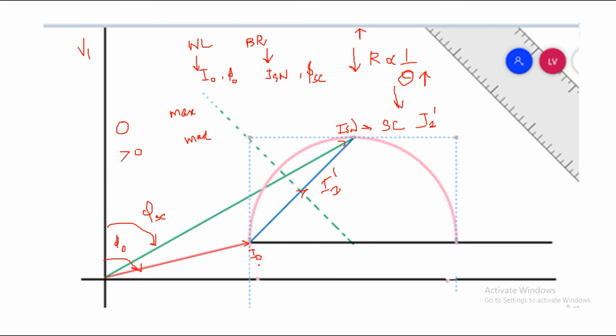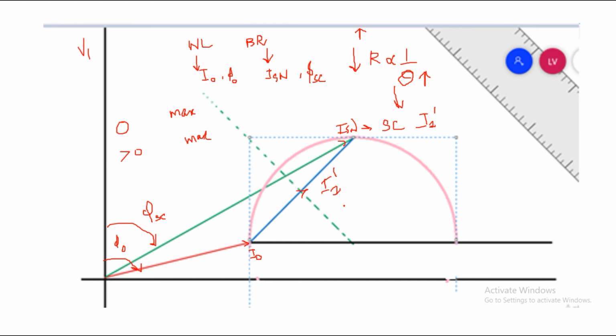So here we are having the no load current, that is the open circuit current. So the combination of open circuit and short circuit is going to give the complete range of I2 dash. So that is why we find the resultant, that is the vector addition of I0 and IS. Practically we cannot obtain I2 dash directly by conducting any of the tests that we can conduct on a three-phase induction motor, like direct loading and indirect loading.